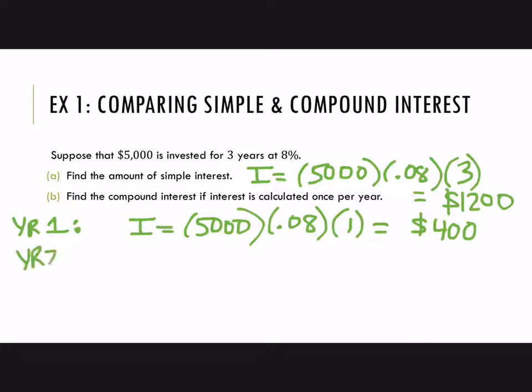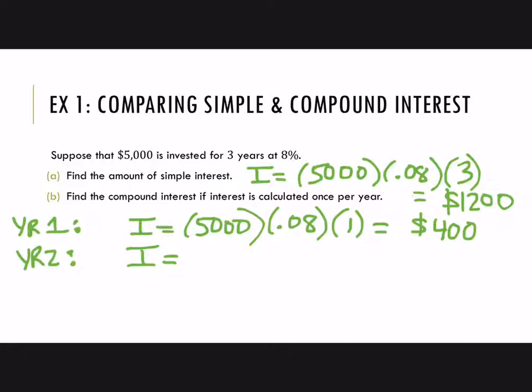Now, let's see what happens in year 2. Here's where compound interest is different. Instead of just making the same calculation again, that $400 would be deposited, like if this is a bank account, into the bank account, and then in year 2, you would earn interest on that amount as well.